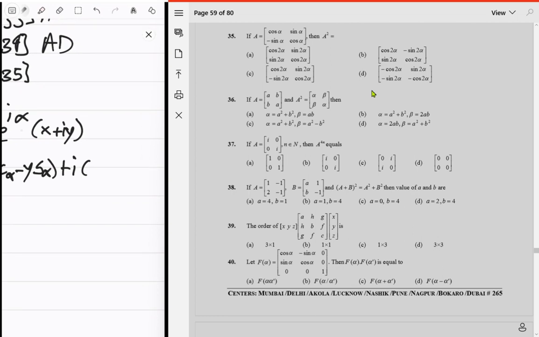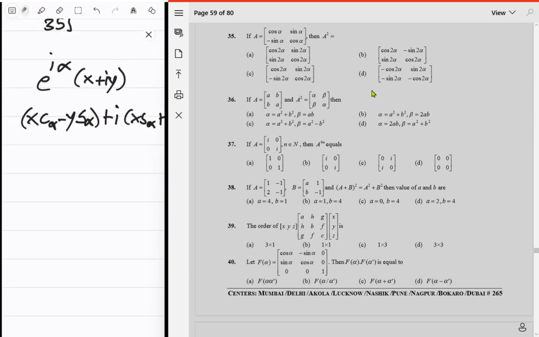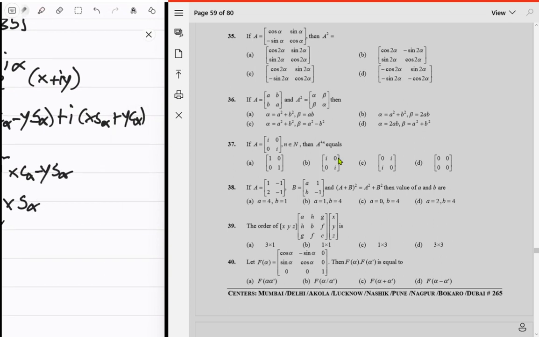You just got x sine alpha plus y cosine alpha, right? Exactly. If you think of these complex numbers as vectors, this thing is rotating this vector by alpha, and what you get is this vector, x cosine alpha minus y sine alpha, and then x sine alpha plus y cosine alpha.